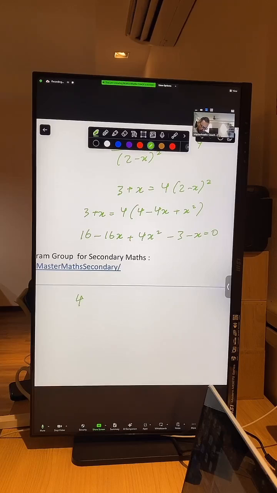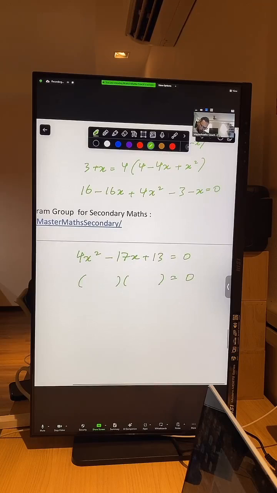So simplify this, you get 4x squared minus 17x plus 13 equals 0. So you can factorize this. You can put maybe 2x and 2x. No, you can't put 2x and 2x, sorry. You have to put 4x and x.